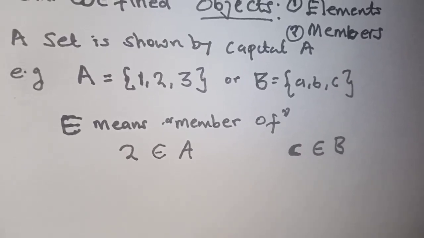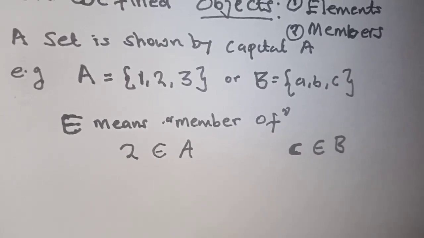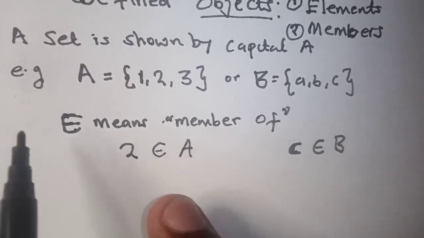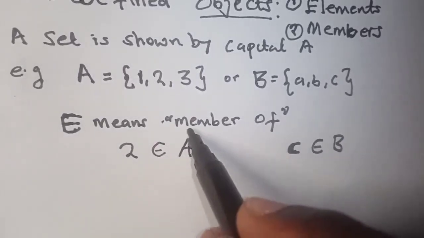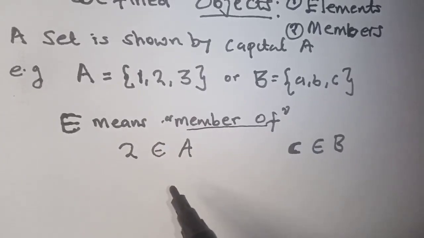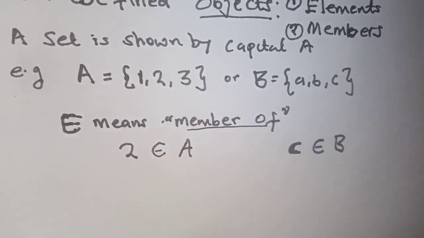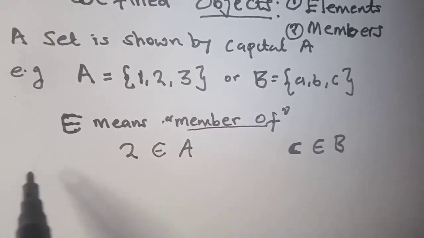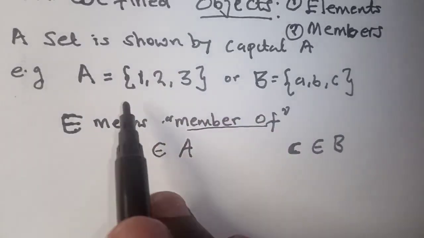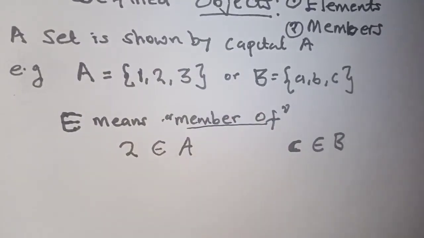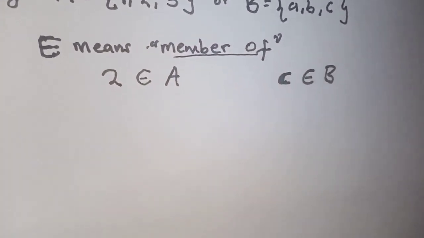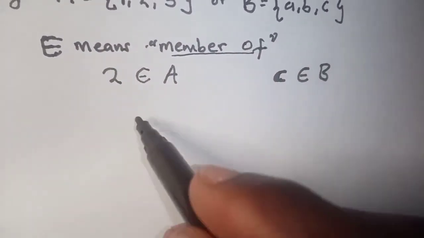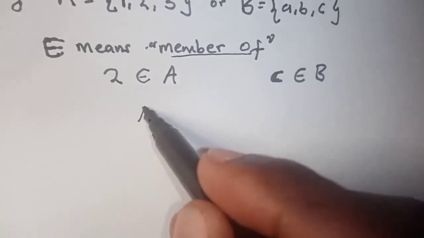We move further from this. We've already established an example of a set. I hope you are following this nicely. Sometimes you may not want to list all the elements of a set like this. On this one, please follow me keenly.